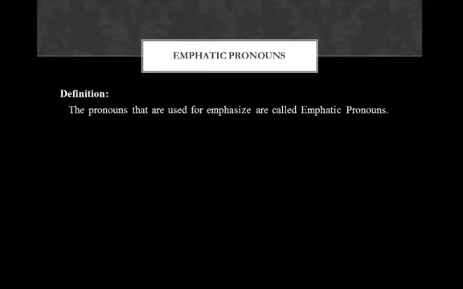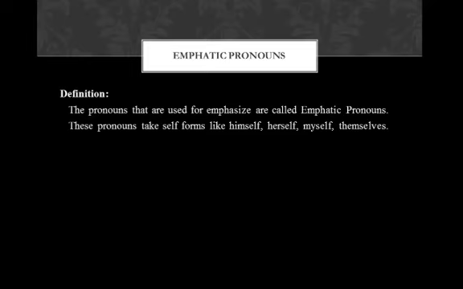Like when someone says, I taught you the parts of speech earlier. This is a simple statement. But when someone says, I myself taught you the parts of speech, you yourself told me about this. Here, myself and yourself are used just for emphasis. So they are emphatic pronouns.